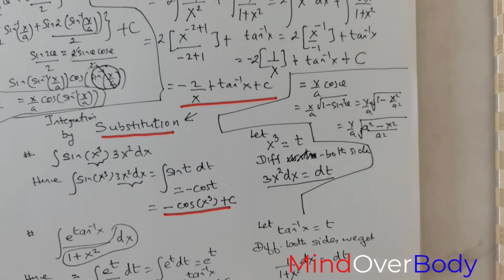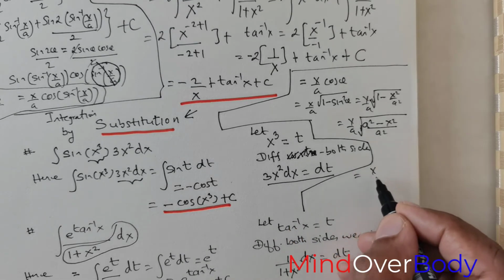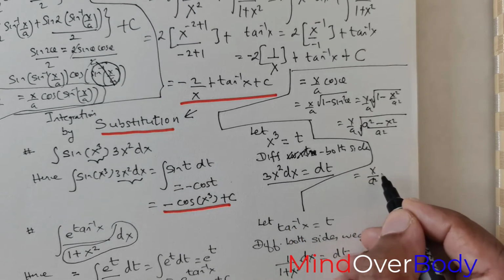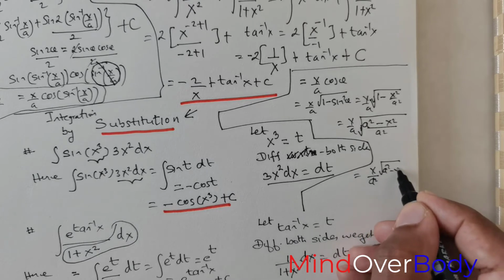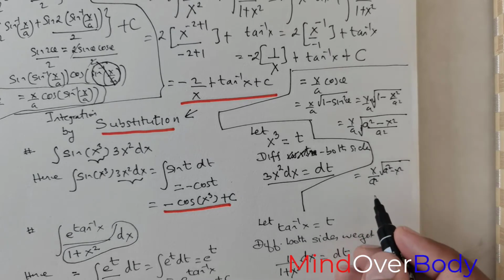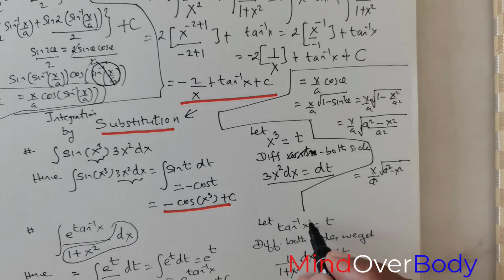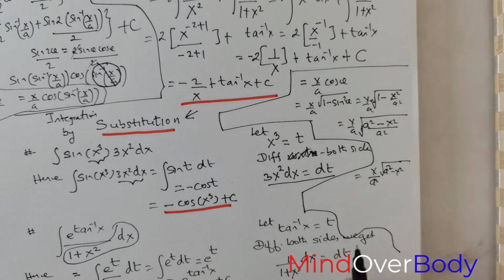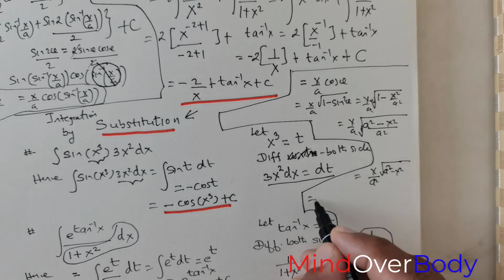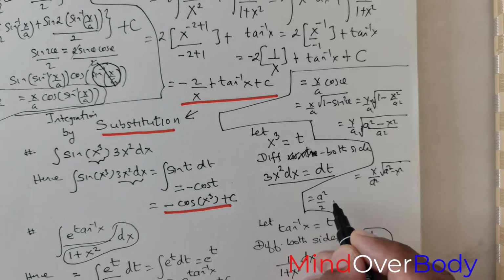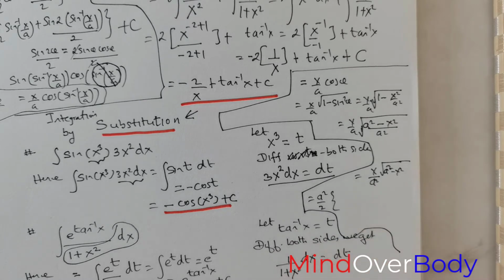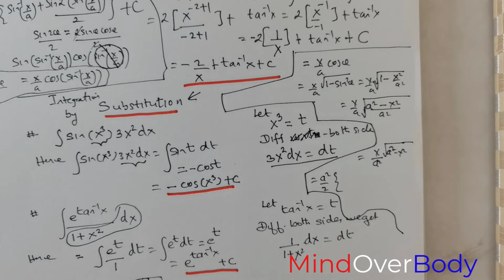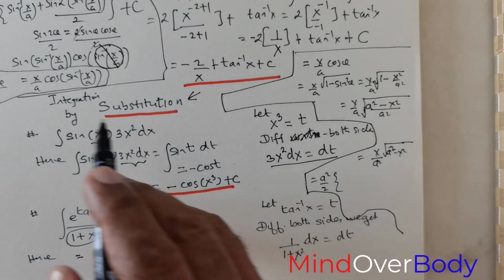So this is equal to x over a squared times the root of a squared minus x squared. If they are asking us to produce everything in x alone, then the result is going to be a squared over 2, and the first component is going to be sine inverse of x over a.